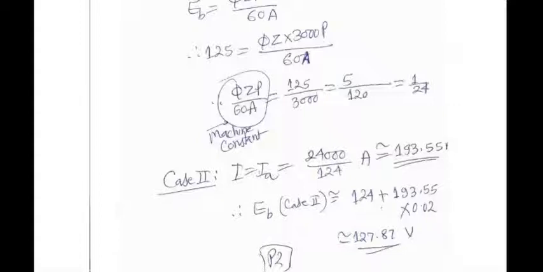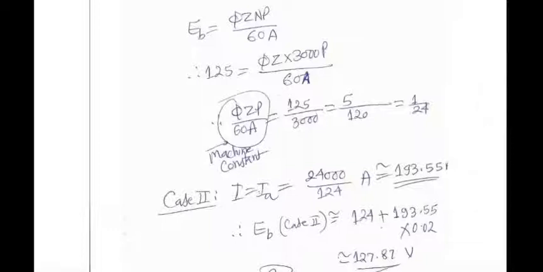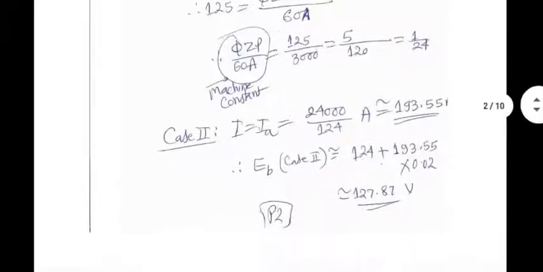RA is given, so EB turns out to be 127.87 volt in the loaded case. While in the unloaded case, EB was 125 volts. So speed will change a little bit. When EB was 125 volt, we had 3000 RPM speed. Now when EB goes up to 127.87 volts, speed will go up a little bit.